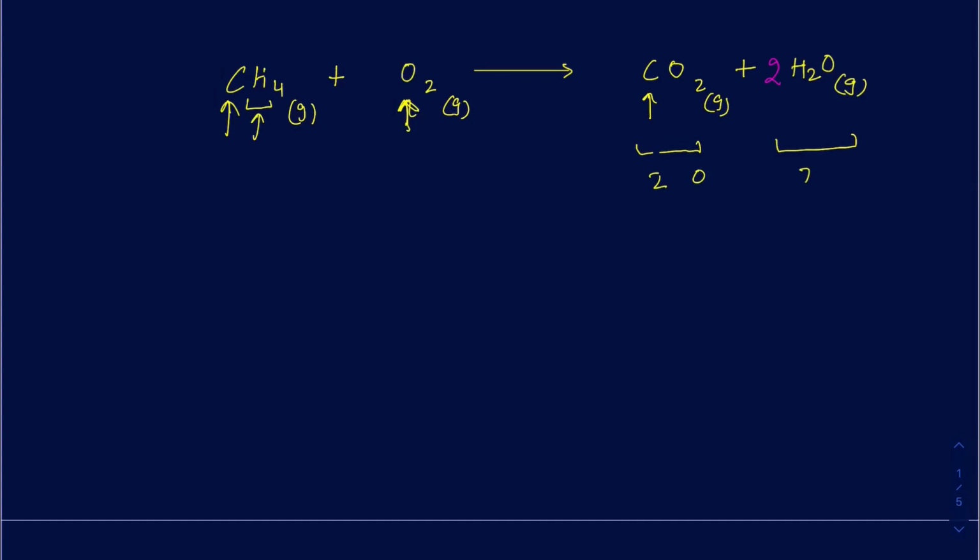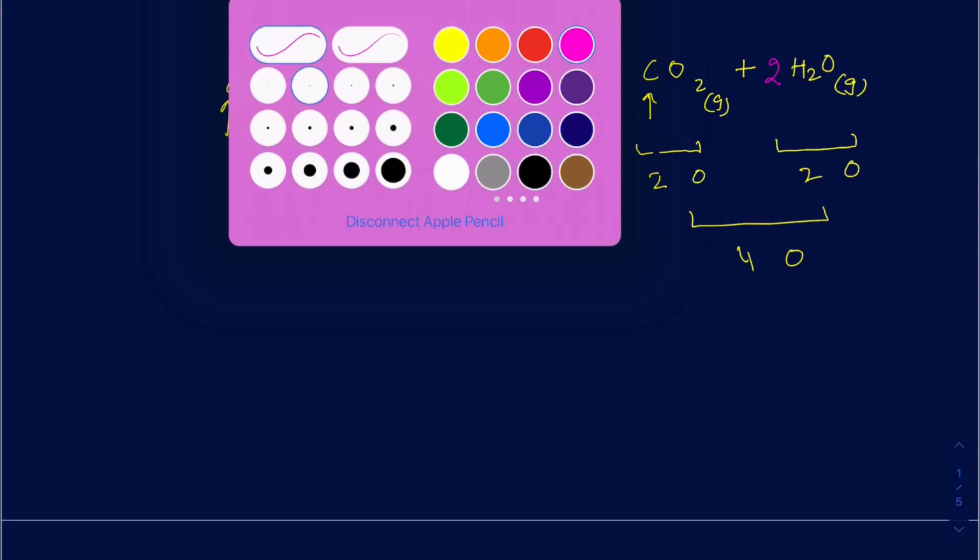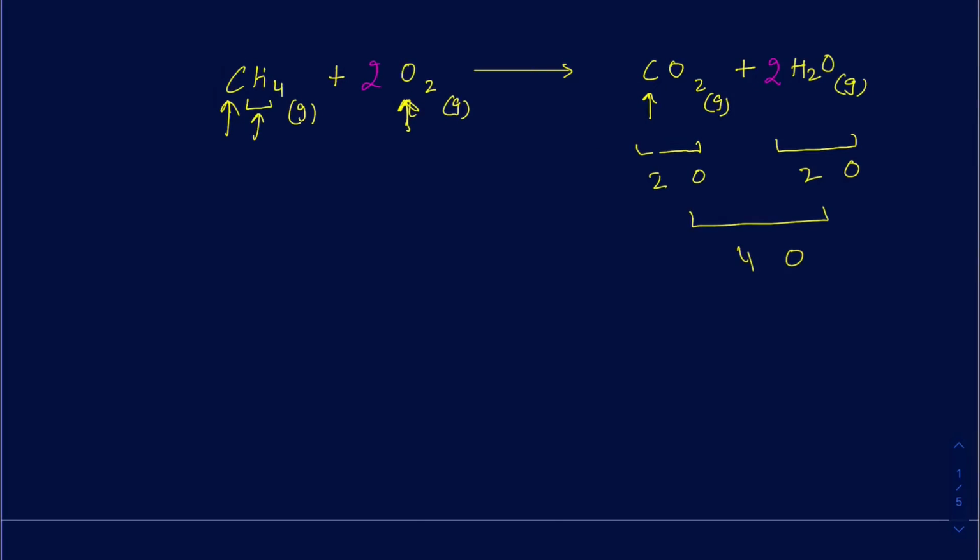Well, I have 1 oxygen there as well. So that's a total of 4 oxygen atoms here. So that means you have to make sure you have 4 oxygen atoms on the reactant side, and we can do that by just putting 2 in front of the O2. So that's going to be a complete balanced equation for you.